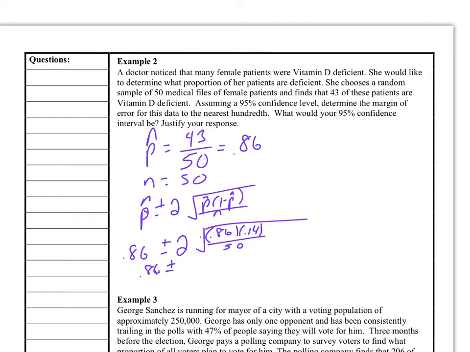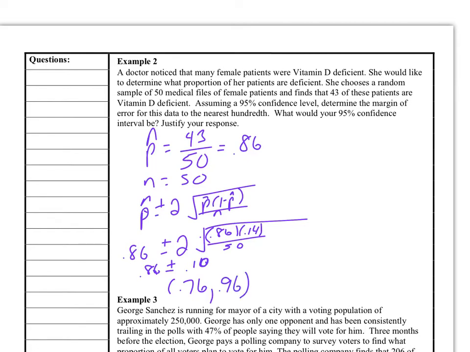You type it in the calculator, you get 0.86 or 86 hundredths, plus or minus a tenth. So our interval is anywhere from 76% all the way up to 96%.